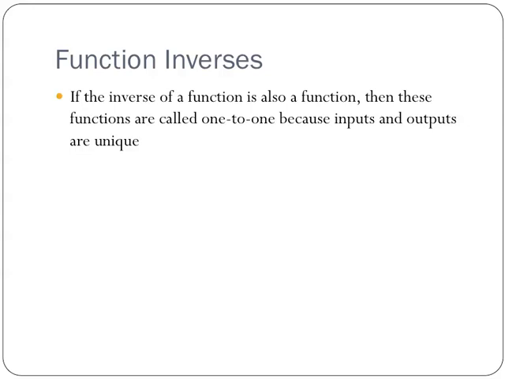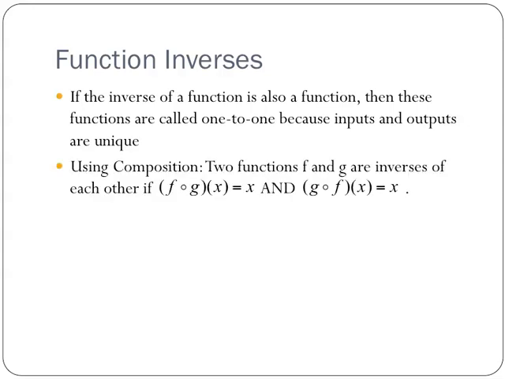Now, there is a quick way using composition, which we talked about last time, to show that two functions are inverses of each other. And so the way that we can do this is composing one function into the other and doing it the other way as well. So if f composed with g of x is equal to x and g of f of x is equal to x, then you know that f and g are inverses of each other.